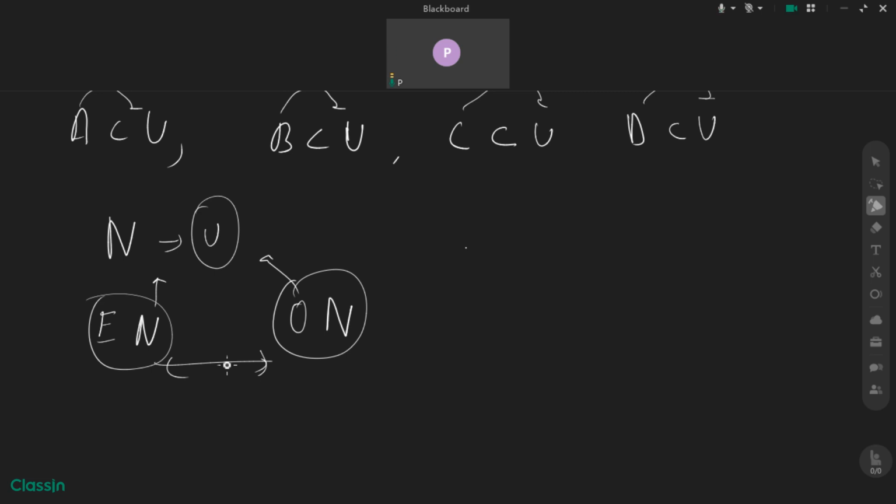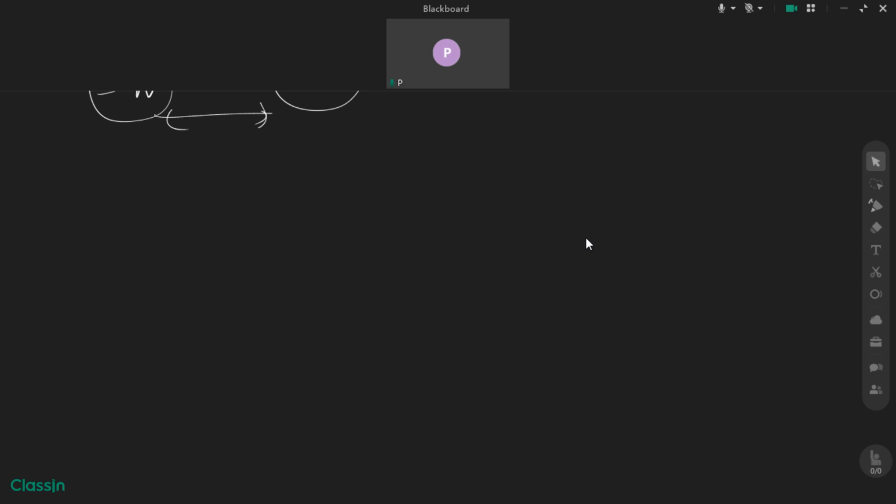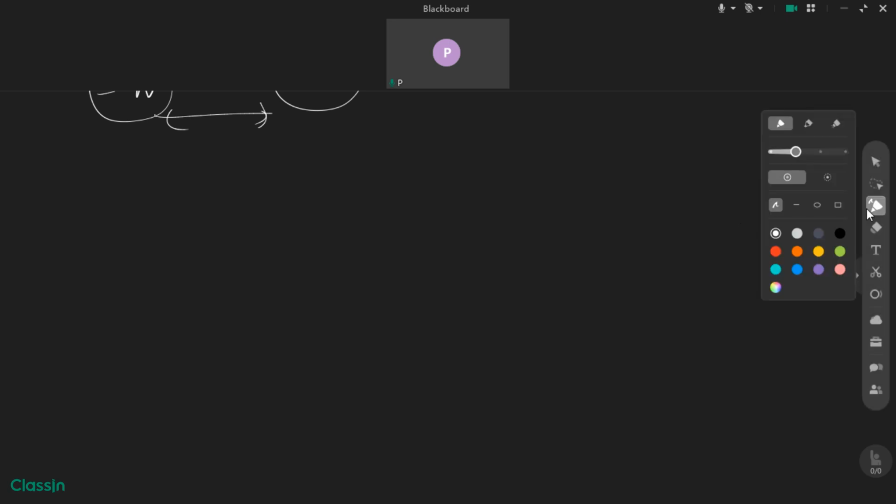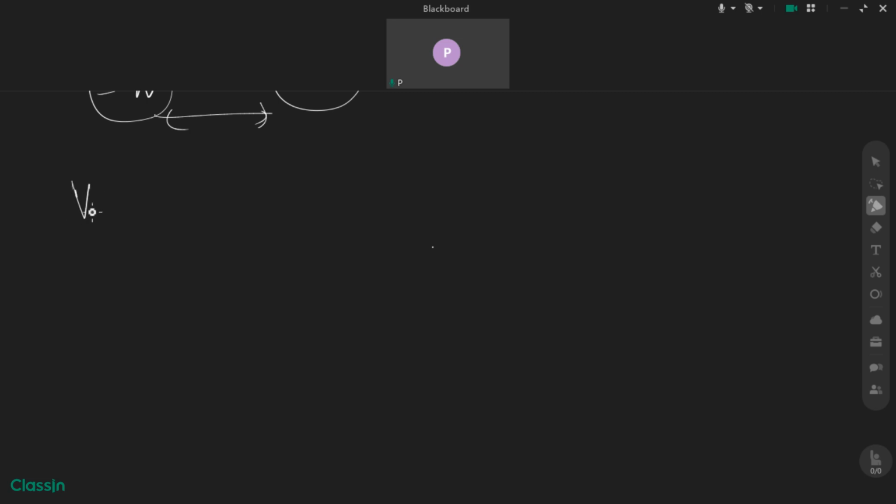Now let's move to the next part, that's a Venn diagram. Let's see what is a Venn diagram. A Venn diagram is the geometrical representation of sets and their subsets.